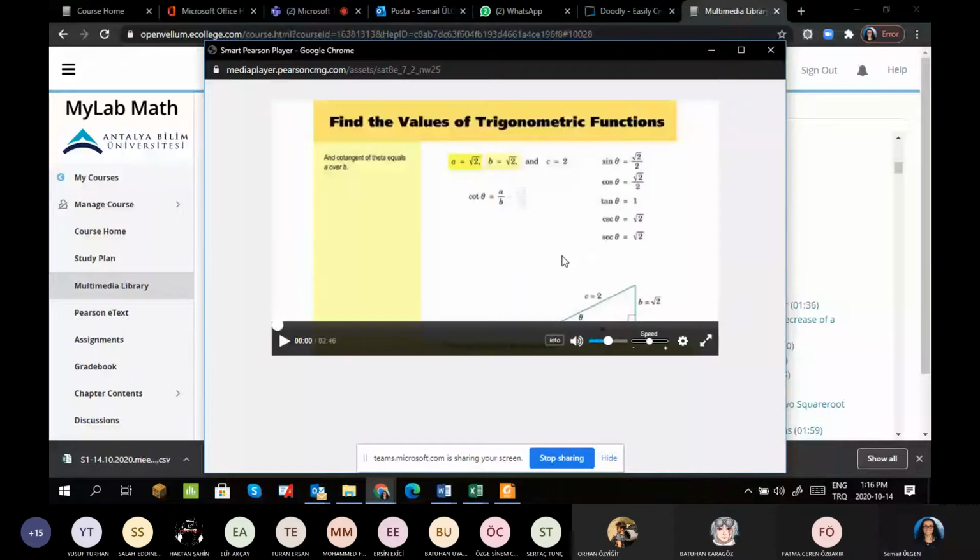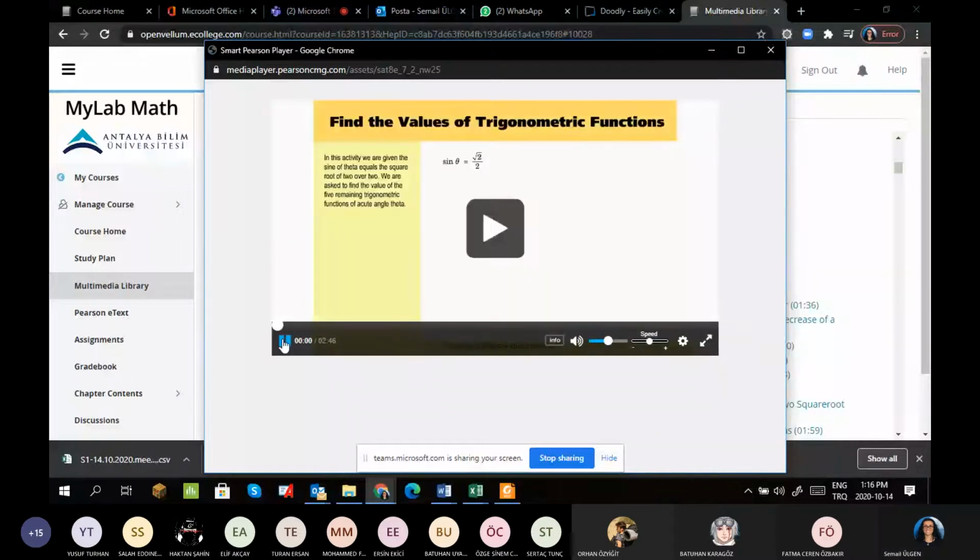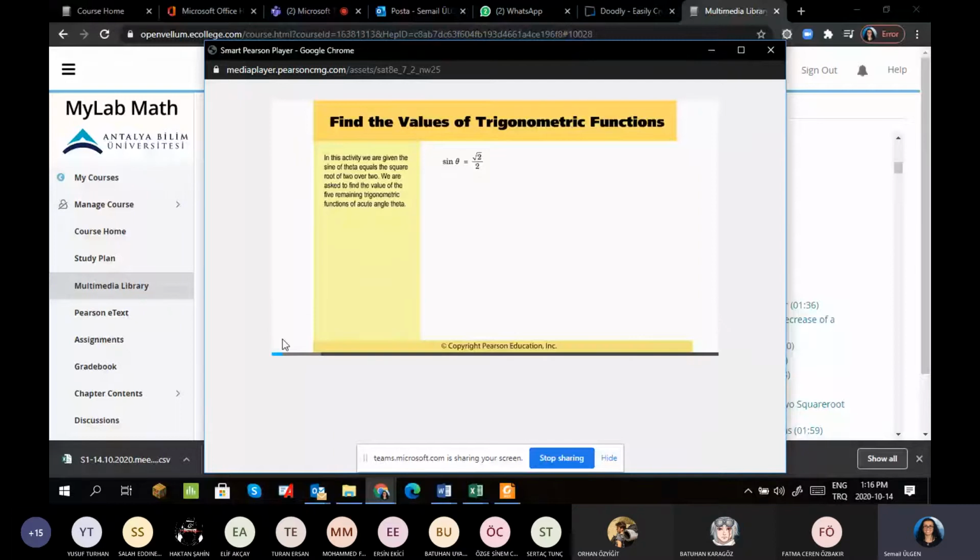Okay, let's run it. In this activity, we are given the sine of theta equals the square root of 2 over 2. We are asked to find the value of the 5 remaining trigonometric functions of acute angle theta. First, we will use the definition to find the values. We can draw a right triangle with acute angle theta and label the known sides using the function we were given. Now we use the Pythagorean theorem to find the length of the third side.